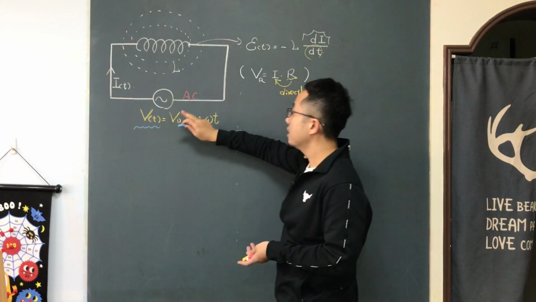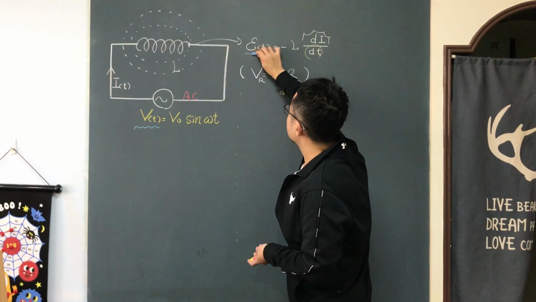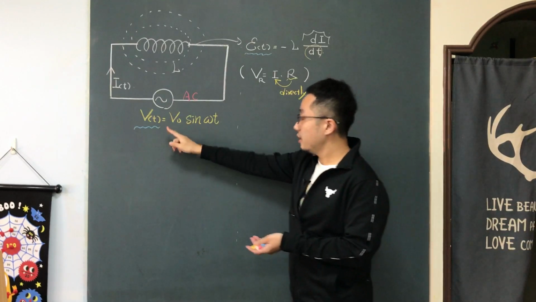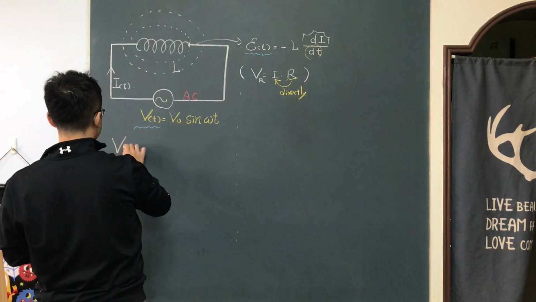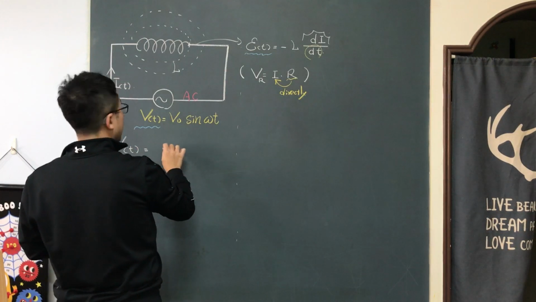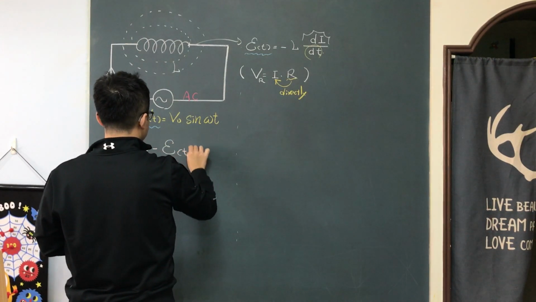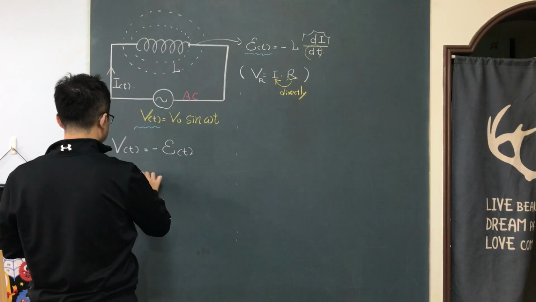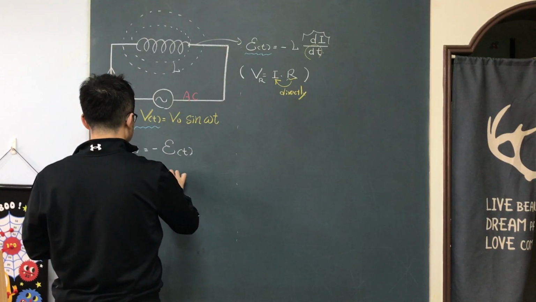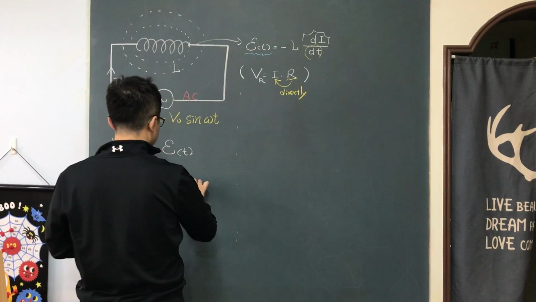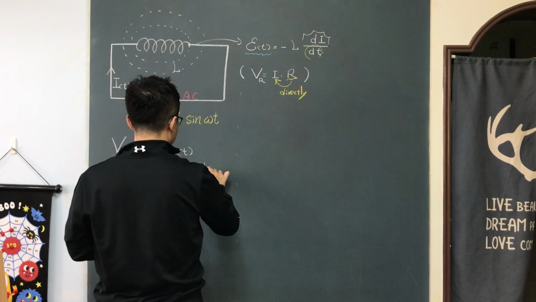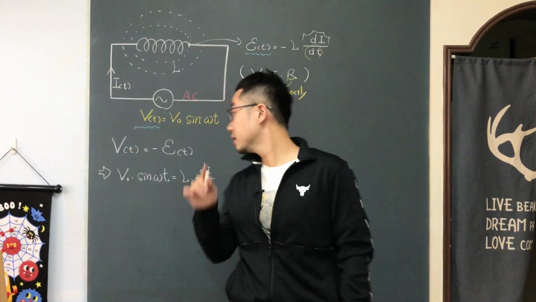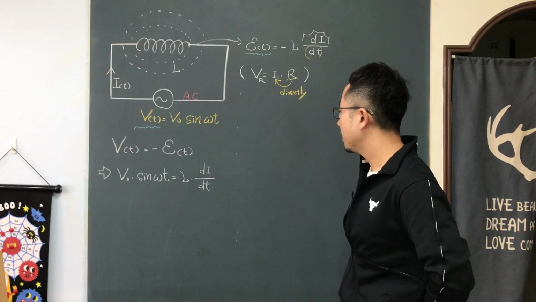Now we get two voltages: the voltage supplied by your AC generator and the secondary EMF induced by your inductor. So V of t as a function of time is equal to minus the secondary EMF. So V naught times sine omega t is equal to inductance L times di by dt. Let's keep simplifying this.